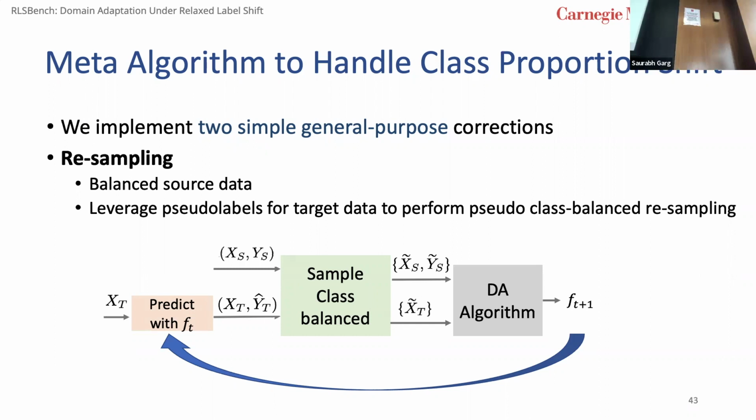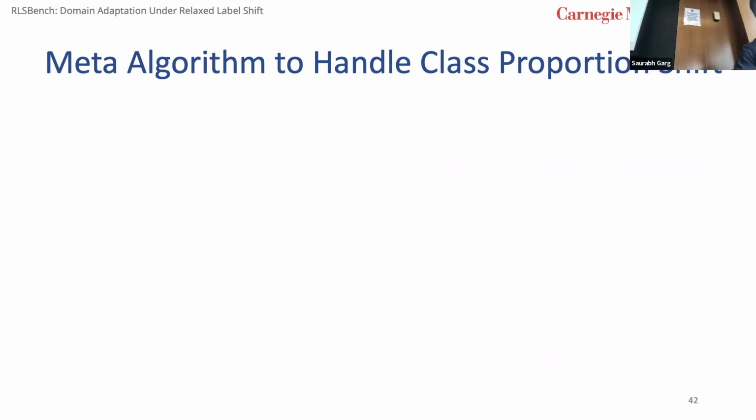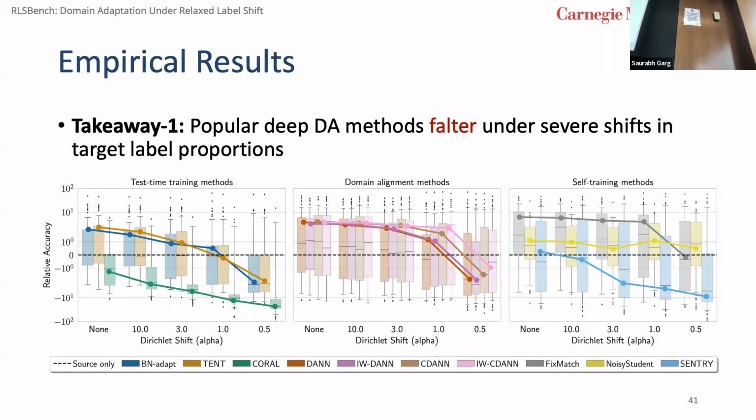So I would imagine that if this uncertainty is correctly calibrated, then essentially on your source data, you're confident, and on your target, you are really not confident about anything. But that doesn't happen. That's what we are trying to show: even in FixMatch, we see that the method goes terrible when there are extreme shifts. I don't know the underlying reasons why exactly these methods fail, but I have speculations.